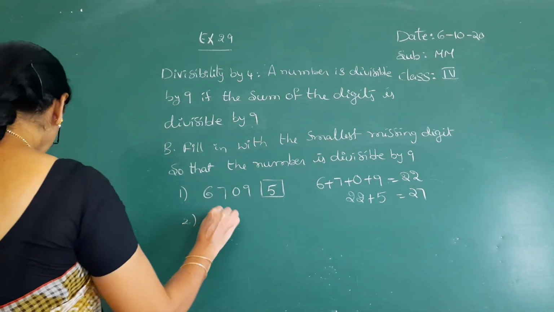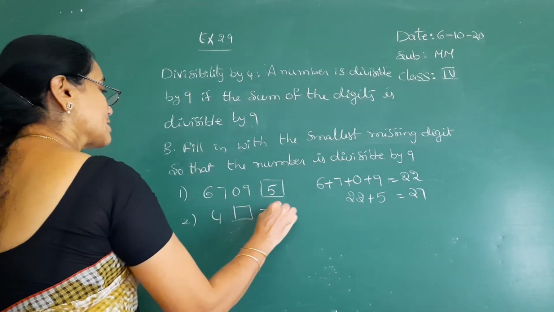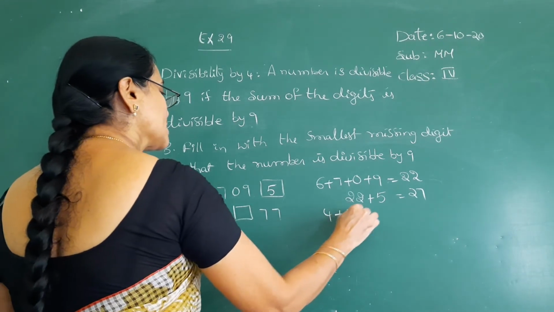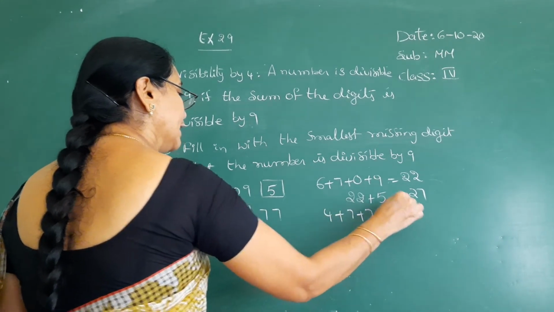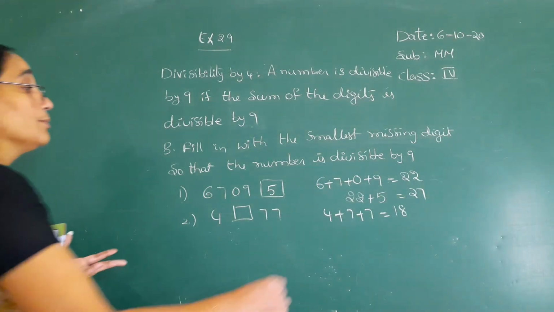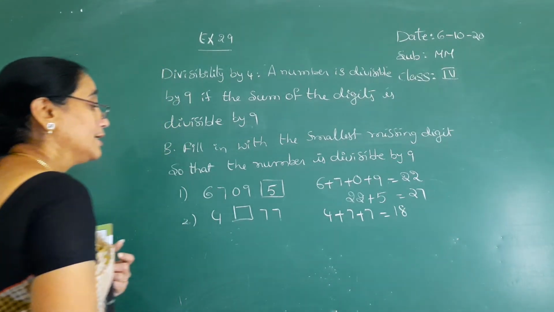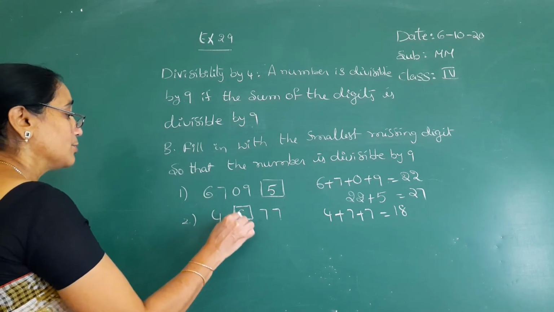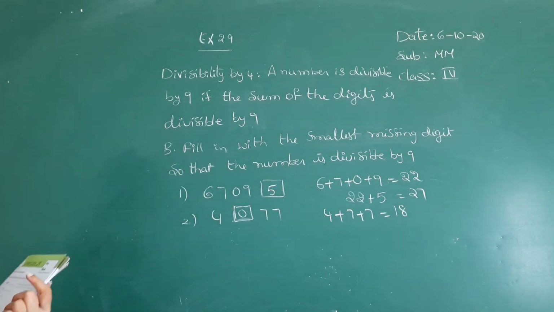Go for the second one, 4 box 7 7. 4 plus 7 plus 7 is 18. Read the 9 table: 9 ones are 9, 9 twos are 18. So it is already divisible by 9. No digit needs to be added to this 18, so the missing digit is 0. We have to fill this box with 0.